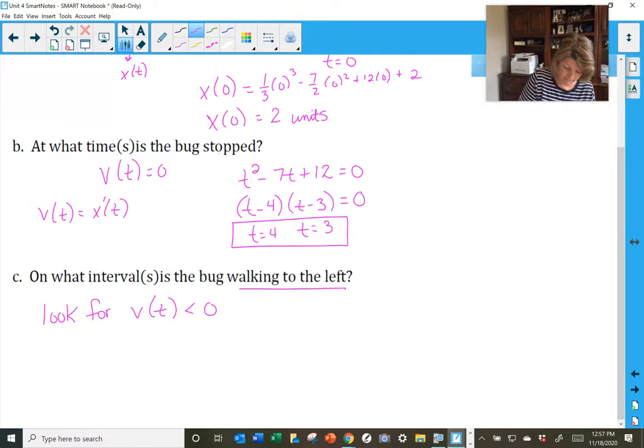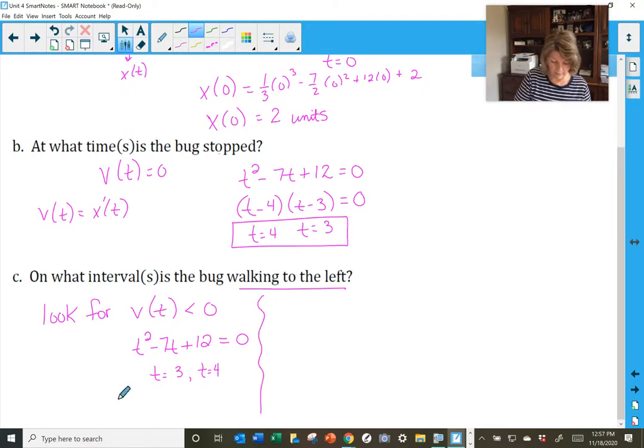And I have my v of t up there, so I want t squared minus 7t plus 12 being less than 0. I'm going to set my velocity equal to 0, find my 2 time frames, and I'm going to create a sign chart, okay?